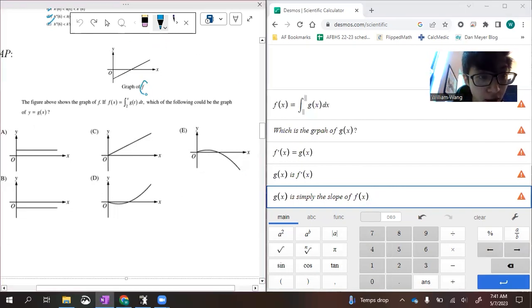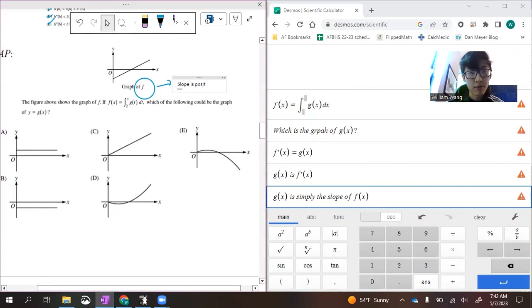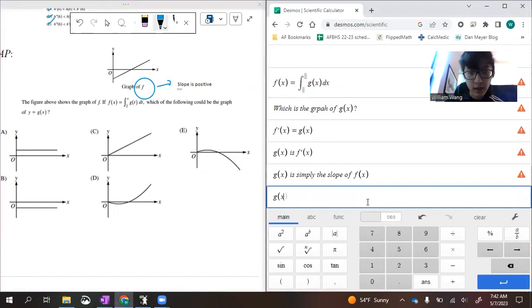Because I'm given the graph of f. What do I notice about the slope? If you think about it, the slope here is positive. So the slope of my function is positive, which means g of x is positive.